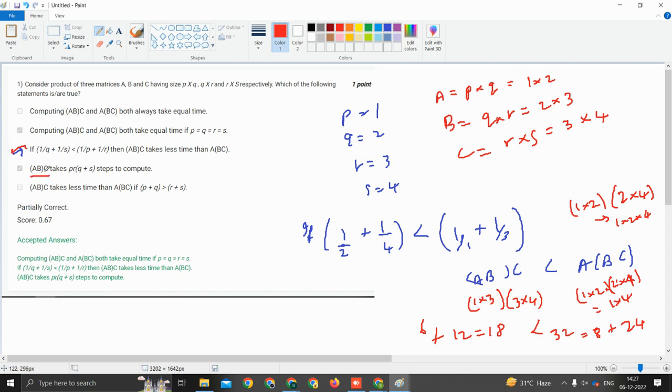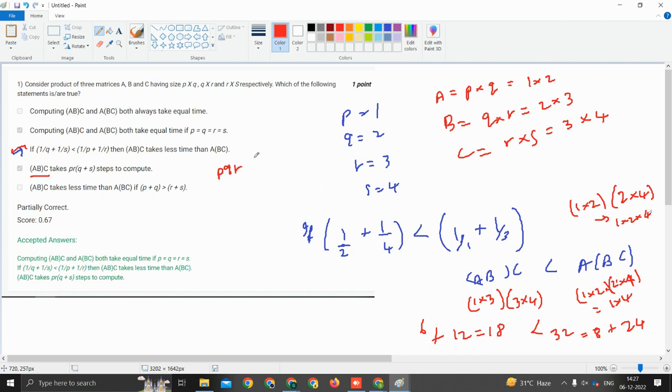So, ABC takes PR into Q plus S steps to compute. How do we do that? How many steps to calculate AB? AB is like PQR, right?